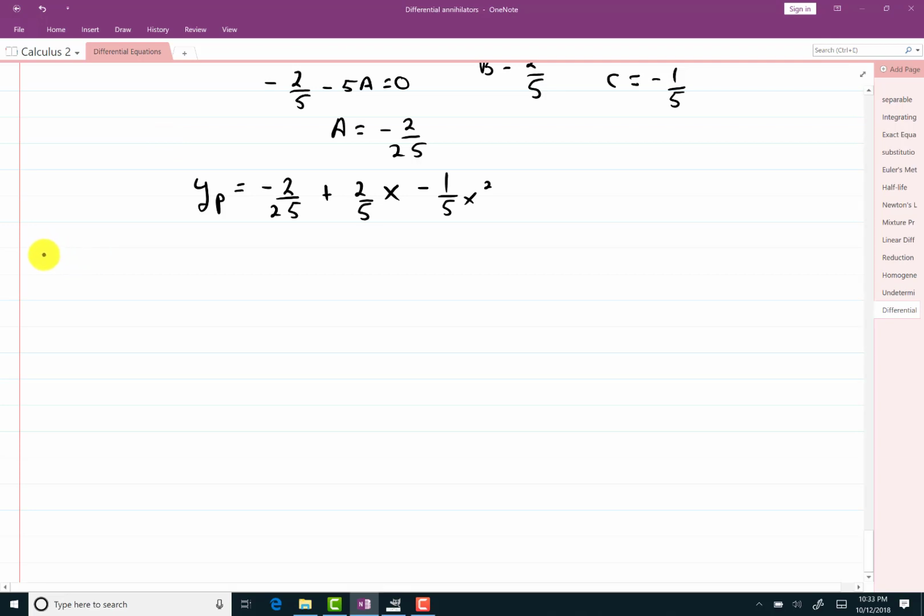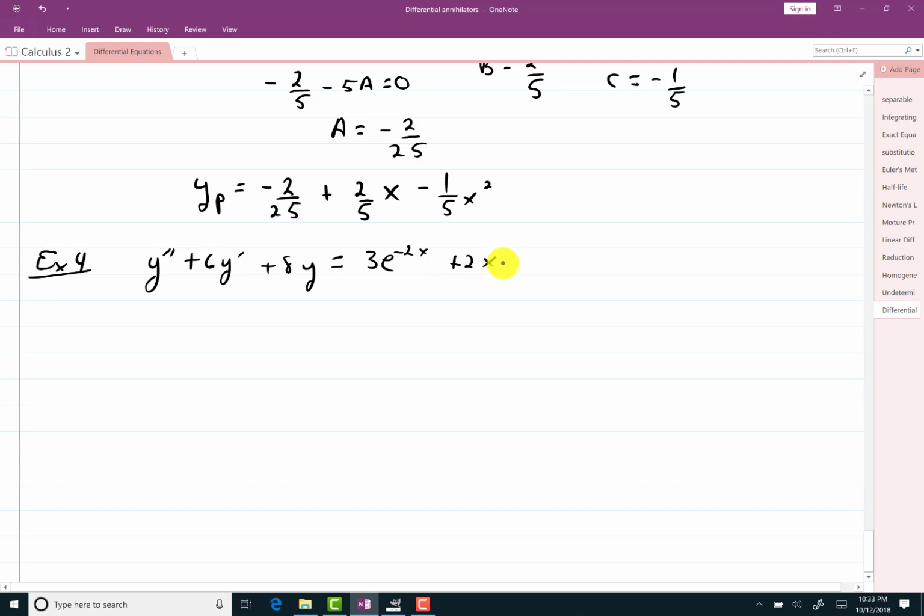I'm trying to increase difficulty for each type of the problem that I do. And in this example, we have y double prime plus 6y prime plus 8y, and that equals 3e to the negative 2x plus 2x.